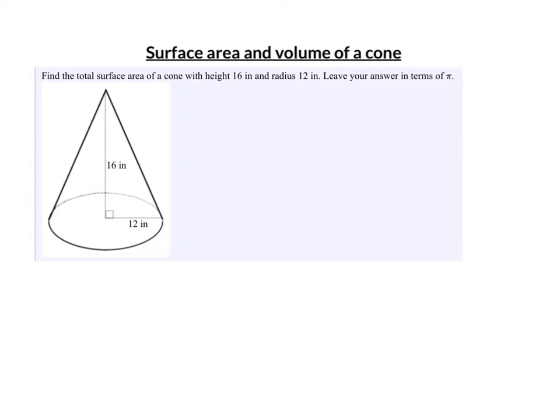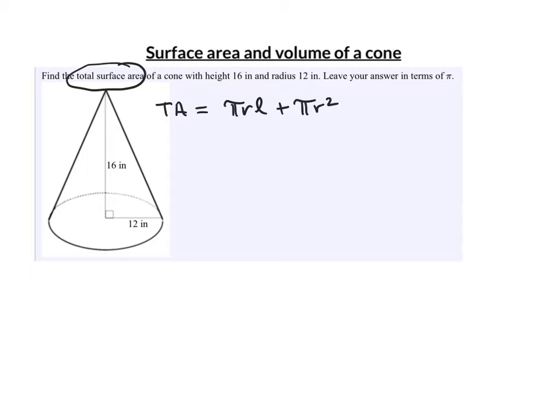So this question asks us to find the total surface area, but again, for the purposes of the video, I'm going to do both the area and the volume so you have an example of each. So the total area is pi r L, the lateral area, plus the circle, pi r squared.